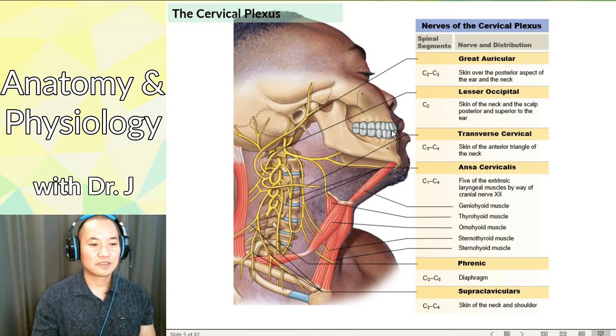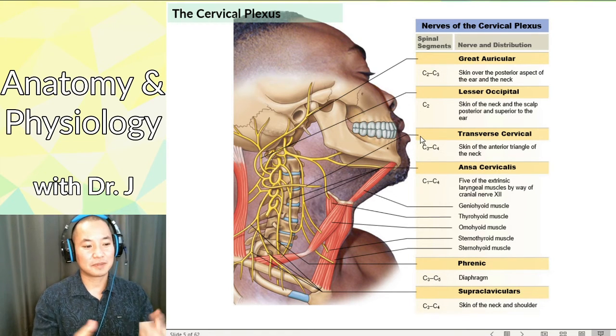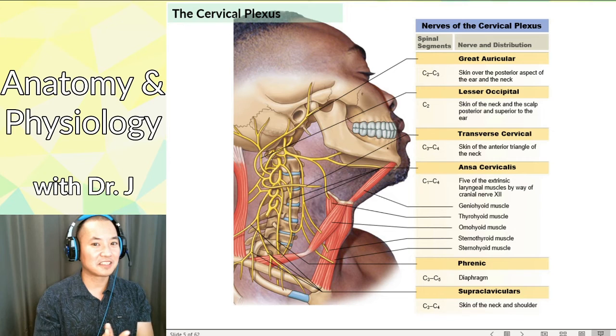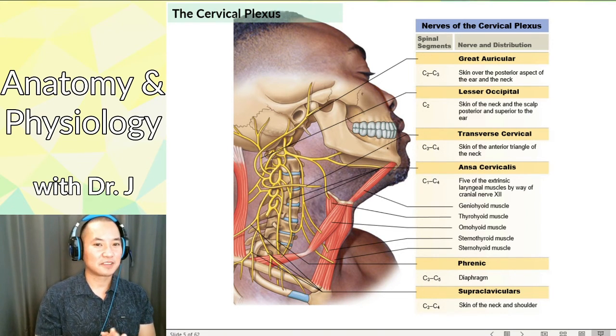Okay, so this is the cervical plexus. This is the Martini version. You might be like, oh my God, this is really complex. And it is. You have all these loops, all these networks, and again, a plexus is a network of nerves. What do I want you to concentrate on for this class? In more advanced classes, especially if you go into physical therapy or anything involving medicine, you will have to know spinal segments.